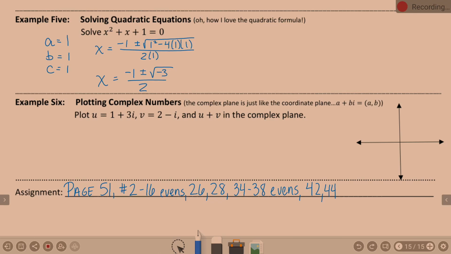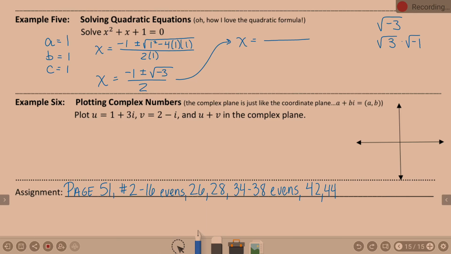Now, guess what? We don't get to leave our answer like this. Why can't I leave my answer like this? Because there's a negative square root. How do I deal with that negative under the square root? You make it square root of 3 times square root of -1. So I'm going to do my side note over here. Square root of -3 is square root of 3 times square root of -1, correct? What is the square root of -1? i.